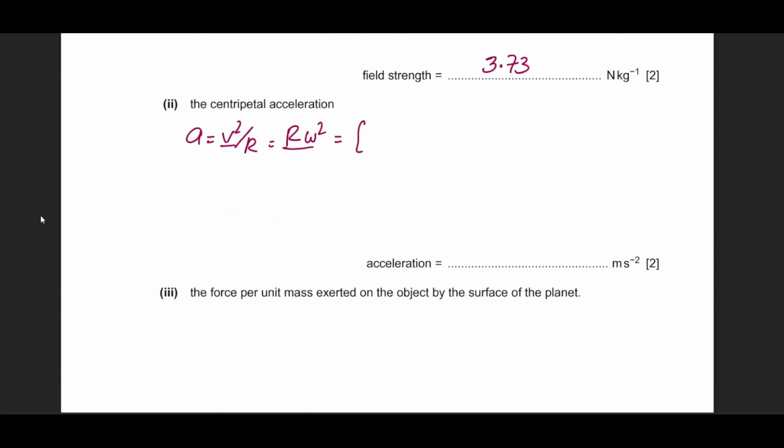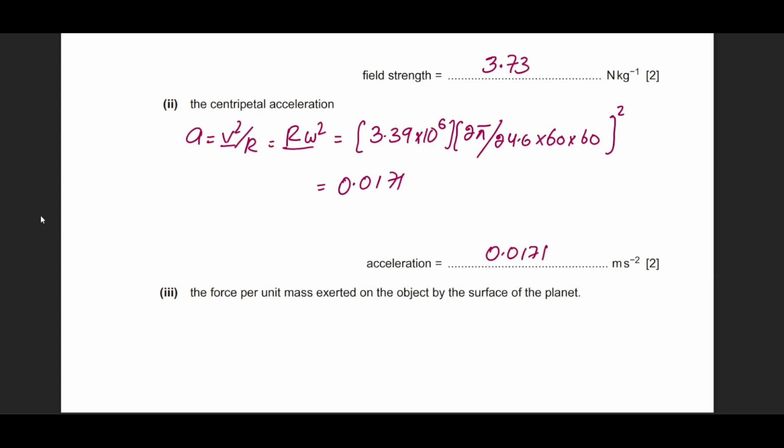So this is going to be simply 3.39 into 10 raised to the power 6, the radius, into 2 pi divided by 24.6 hours multiplied by 60 minutes multiplied by 60 seconds, and this has to be squared. Don't forget the square. So this is going to come out as 0.0171 meters per second square.